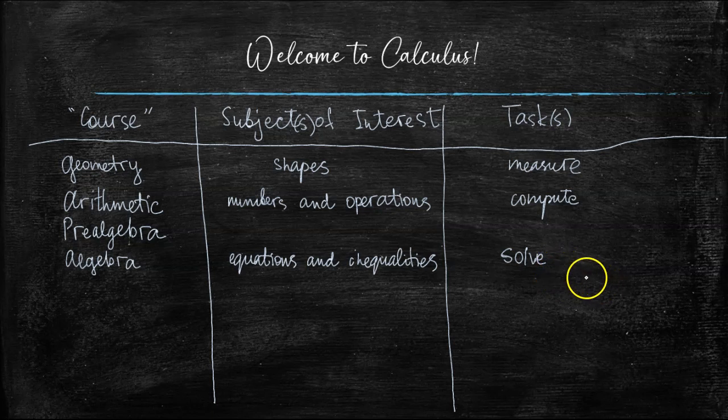Now, believe it or not, the word solve is synonymous to the word graph. Because I can also ask you to graph the solution set, and that request makes sense just as much as finding the solution set.